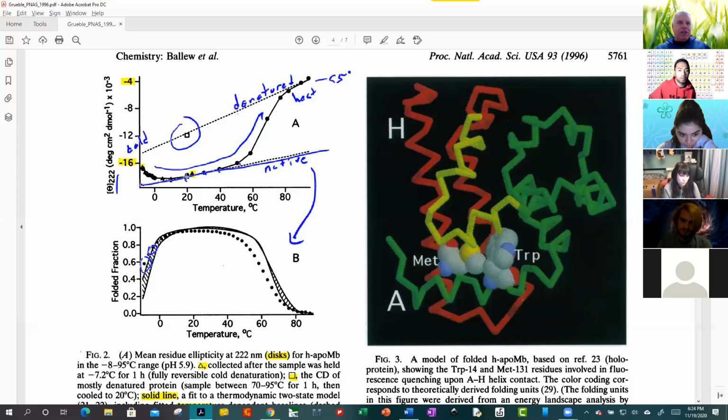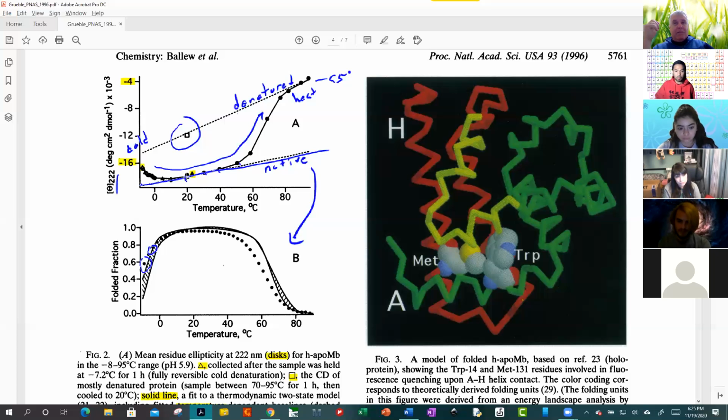Remember, ellipticity is a metric that's sensitive to the amount of beta sheet and alpha helix. It's the best we have, you know. You can't get a protein structure on a dilute protein in aqueous solution, but you can get a CD spectrum.